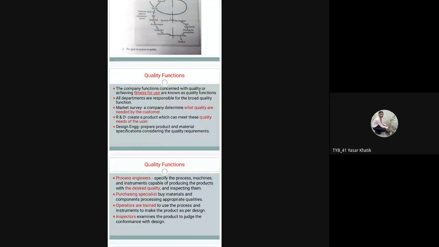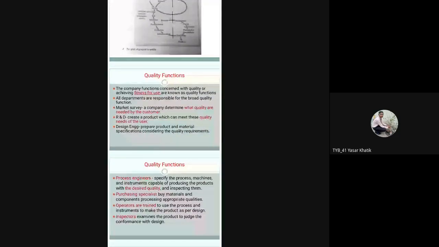Third is the research and development department. That department plays a vital role in the quality section. How? I will explain. It creates a product which can meet the quality needs of the user. Whatever market survey we took earlier, that is the first thing. As per that market survey, we understand the basic need and requirement of the customer.